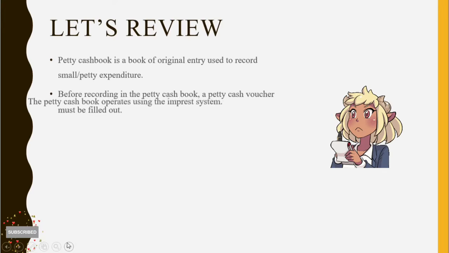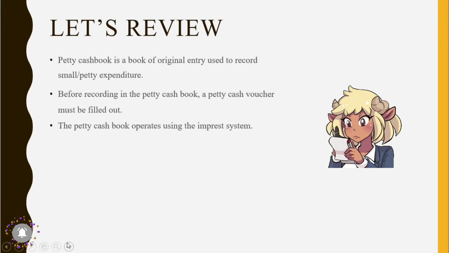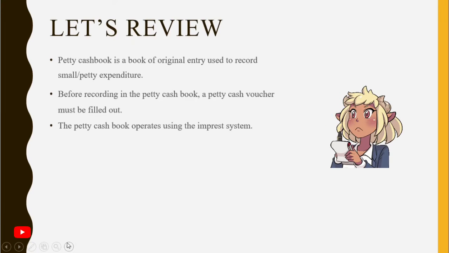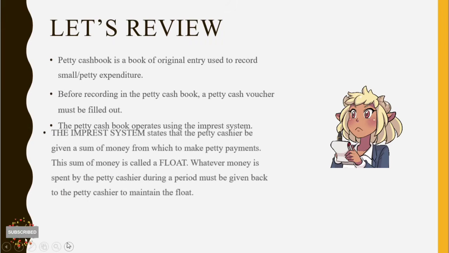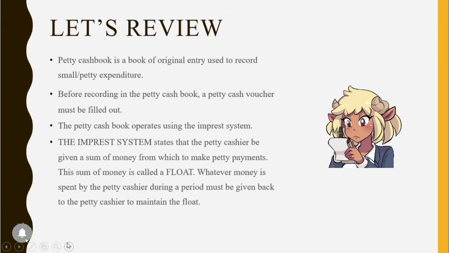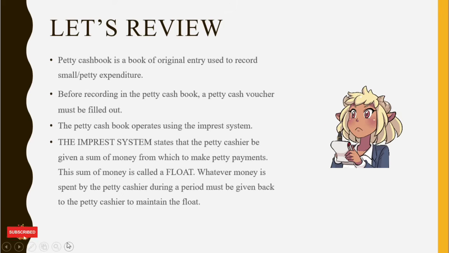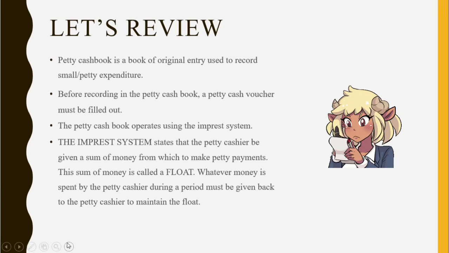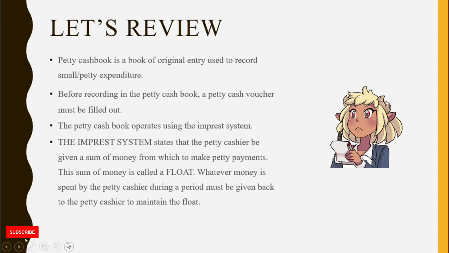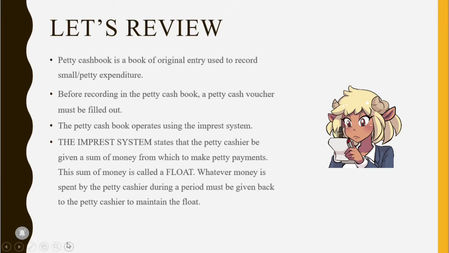The petty cash book operates using the imprest system. The imprest system states that the petty cashier be given a sum of money from which to make petty payments, and this sum of money is called a float. Whatever money is spent by the petty cashier during a period must be given back to the petty cashier in order to maintain the float.